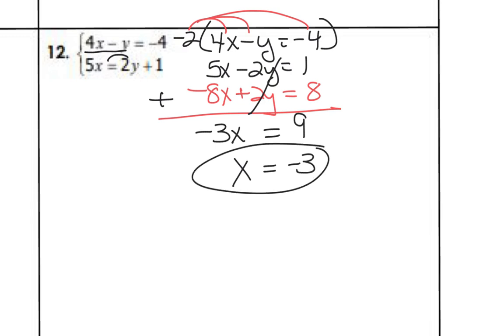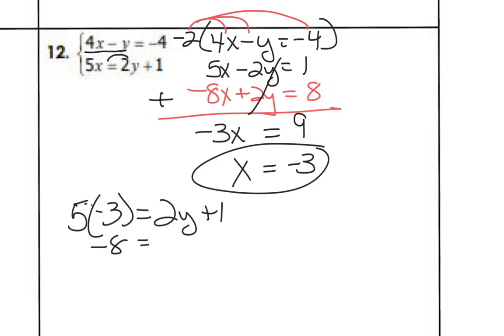And then I'm going to plug that into either equation. So 5x, so 5 times negative 3 equals 2y plus 1.